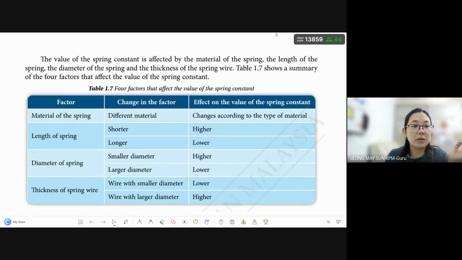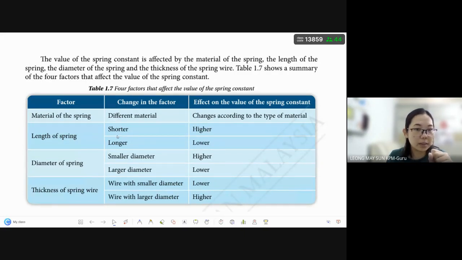All right, material of the spring: different materials will change according to the type of material, which is already in the textbook. Then the length of the spring, whether the spring is longer or shorter. A shorter spring will have a higher spring constant.